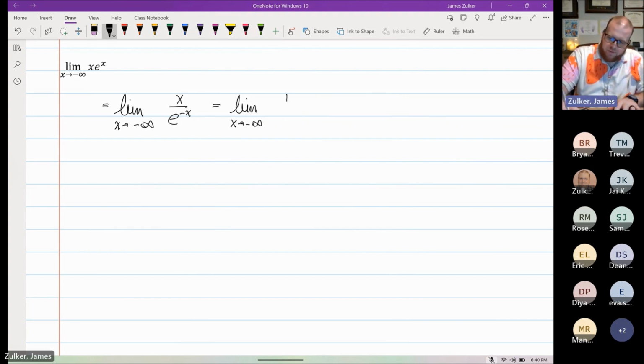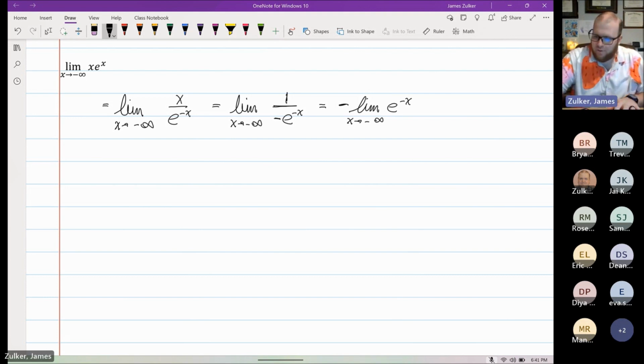So derivative of the numerator function. Now take the derivative of the denominator function. Negative e to the negative x. Rewrite it. I don't know why I did negative x.